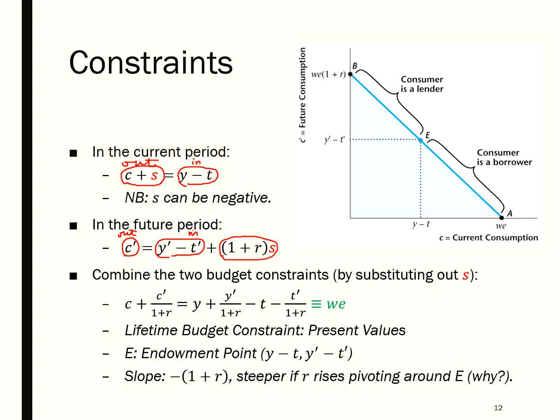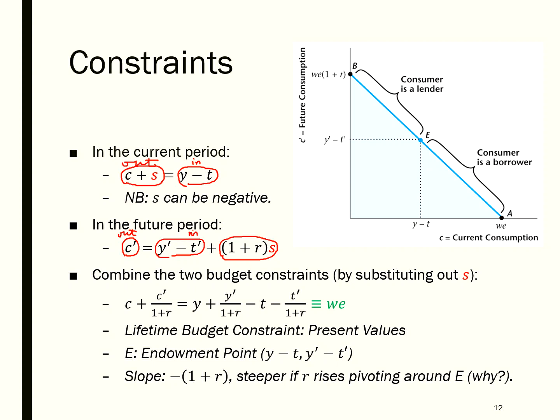If we draw this combined constraint in the C, C prime diagram, it is observed that if the interest rate 1 plus r is greater, the combined budget constraint becomes steeper. Do you know why? This can be answered mathematically. Try to rewrite the combined constraint in the form that C prime is on the left-hand side as the dependent variable of the function, and everything else is on the right-hand side.